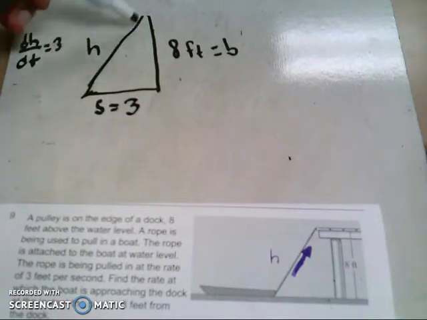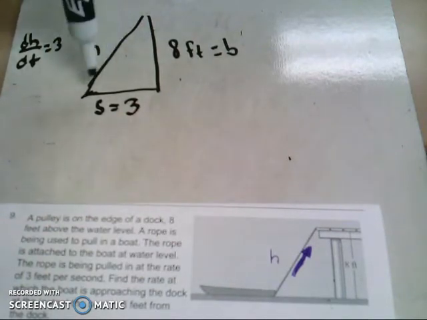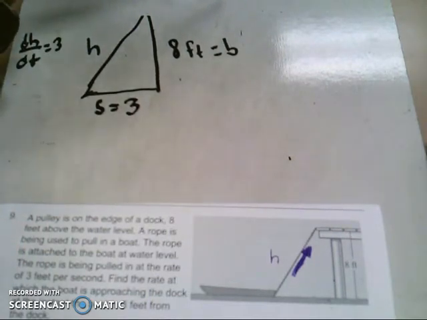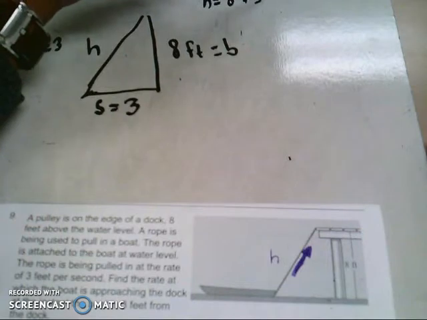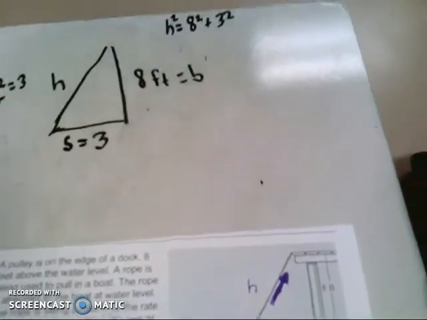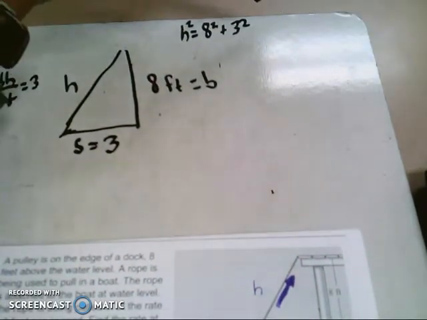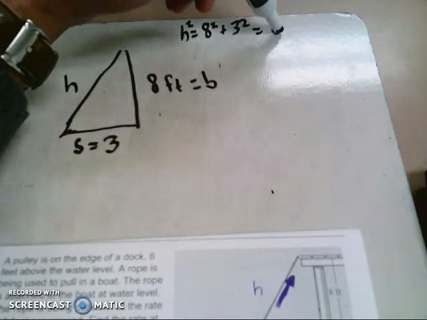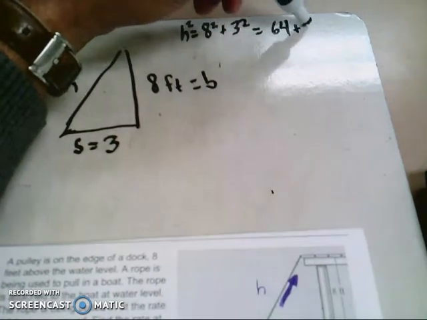So now we need to know what h is for the instant in our problem, so we can use the Pythagorean theorem. We'll do h squared equals 8 squared plus 3 squared, so that equals 64 plus 9.